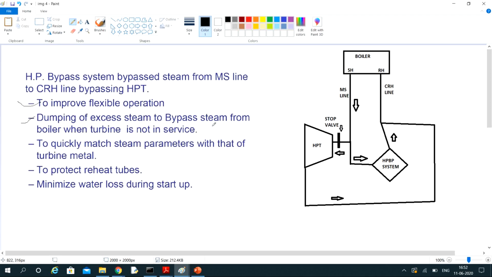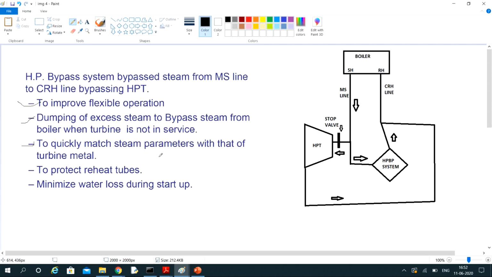Third, to quickly match the steam parameters with the turbine metal. When the boiler is lighted up, the steam parameters don't match the requirement of the turbine. The turbine should be rolled and taken in service only when the steam parameters match the values defined by the OEM for the turbine.